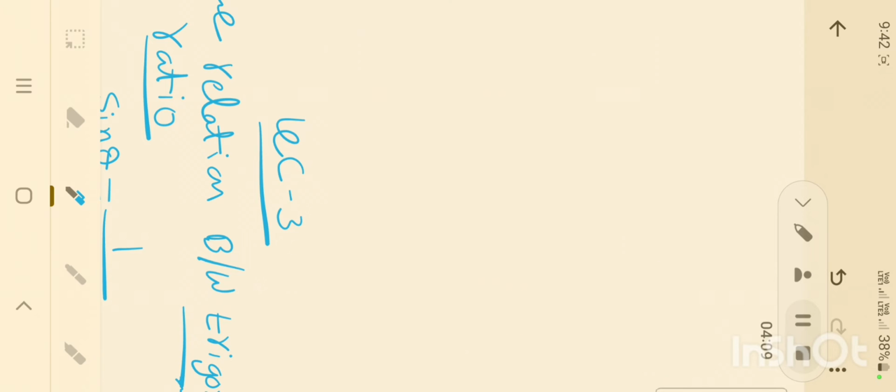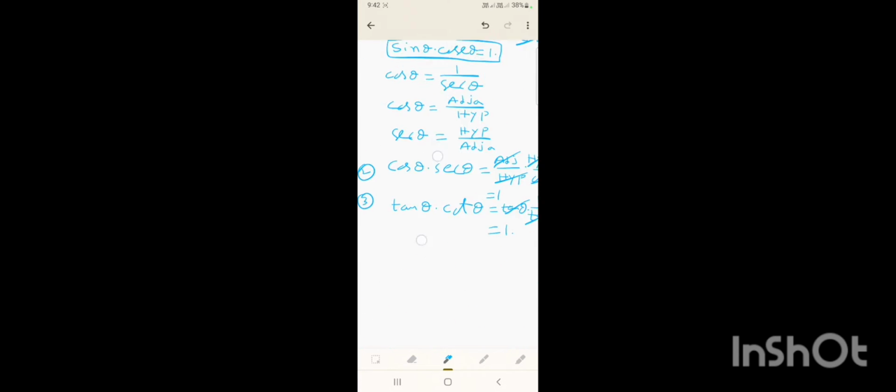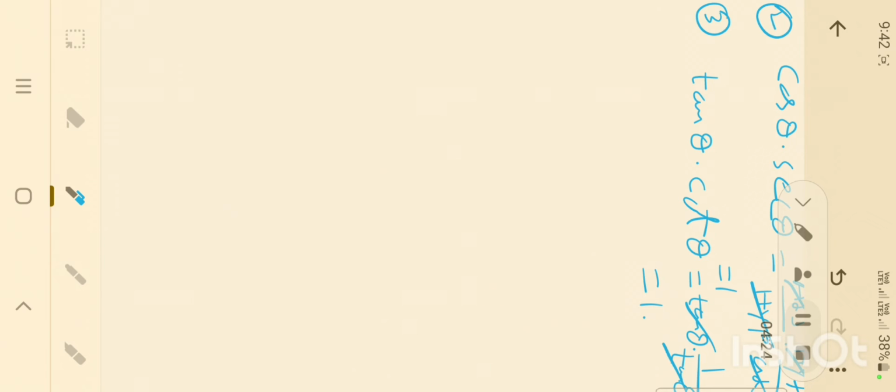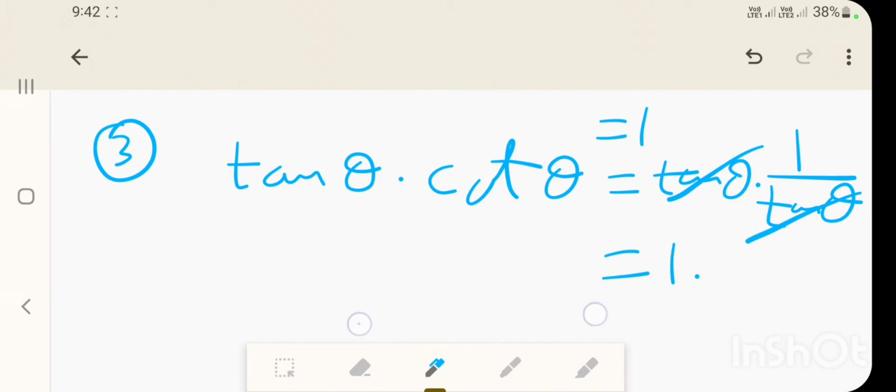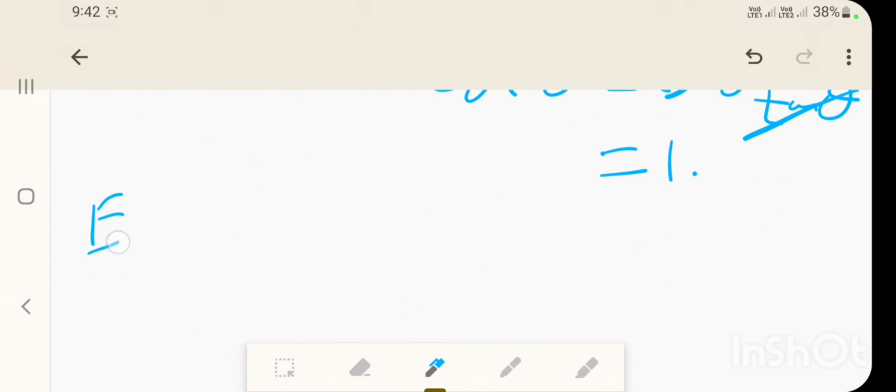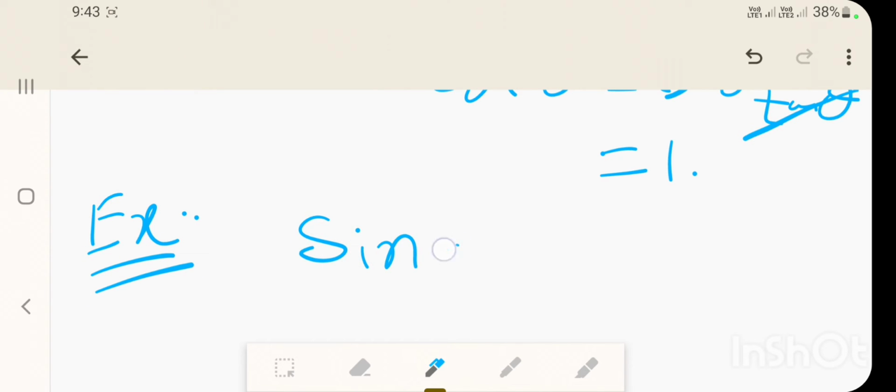That is, if they give the relation of the sine of an angle. Sorry for the disturbance. In this example problem, they have given sine A; it can be small a, or capital A, or theta, anything, it is an angle.